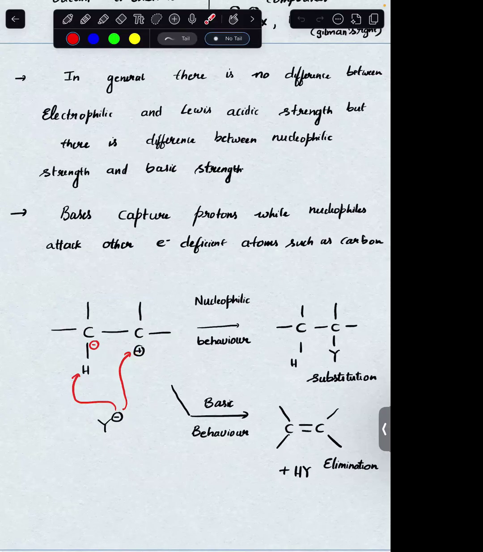And why am I saying that the nucleophilic strength may not be equal to the basic strength? The reason is the nature of the attack. Whenever the negatively charged species attacks this particular carbon, it has to satisfy several conditions. It has to first orient its electrons towards the vacant p orbital of the carbon. Only when the electrons are oriented towards that p orbital can there be effective overlap, and only then can there be bond formation.